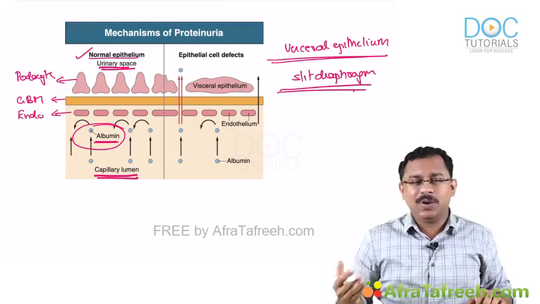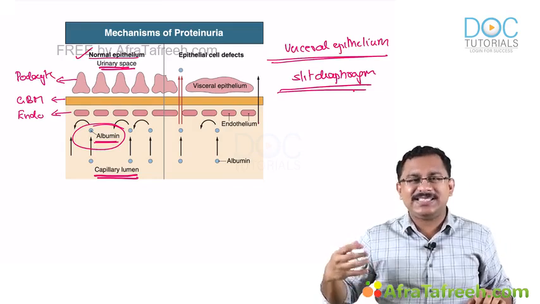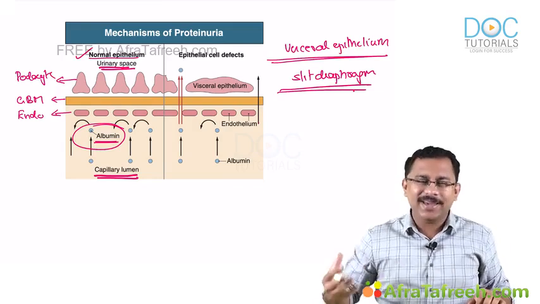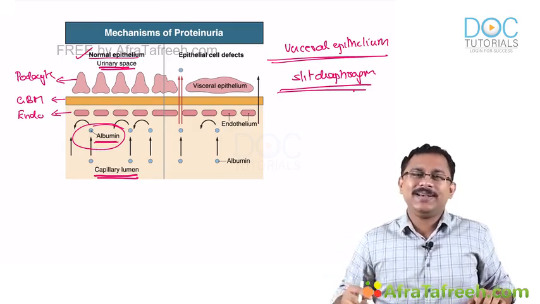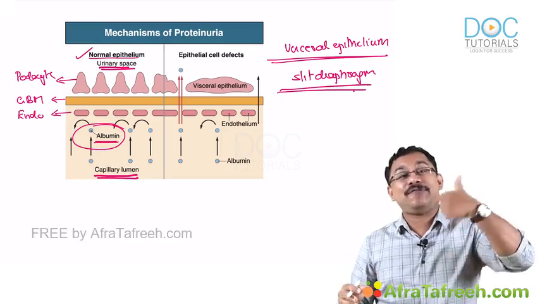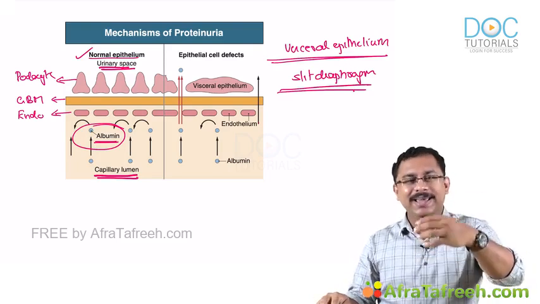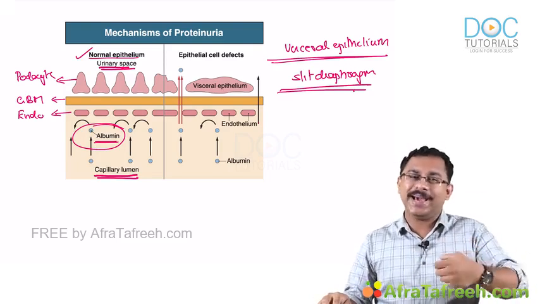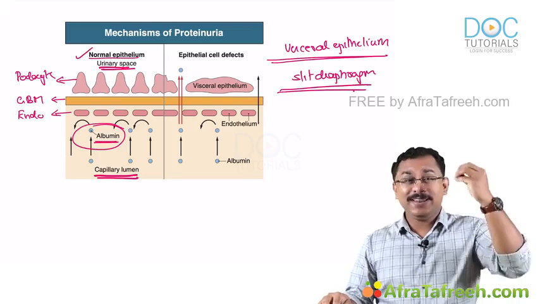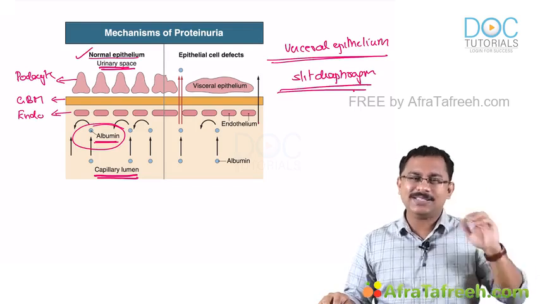Which is why glomerular disorders where the visceral epithelium is affected, where there is damage to the visceral epithelium, are the group of disorders likely to have a nephrotic range proteinuria. In disorders where the capillary endothelium is affected you can also have proteinuria, but here the visceral epithelium podocyte foot processes are damaged.